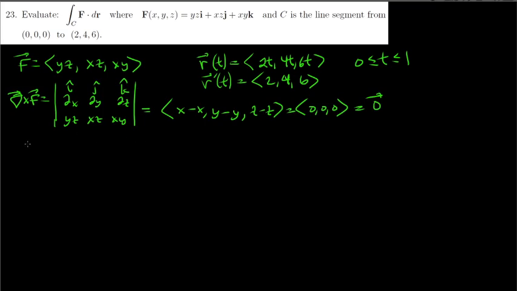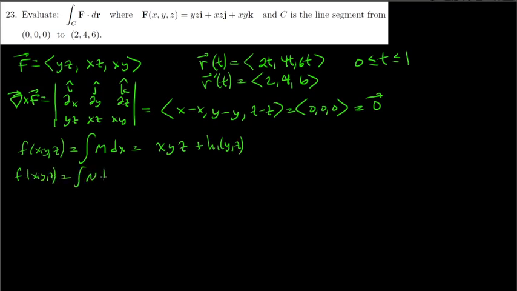So we can find the potential function just by integrating m dx. I think you just get xyz plus some function of y and z. And when you integrate n dy, you also get xyz plus some function of x and z.